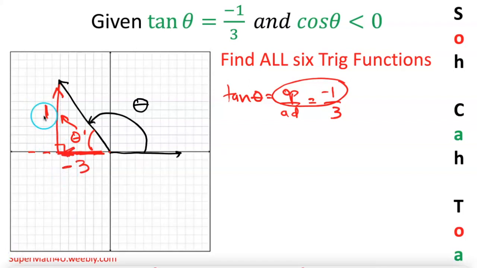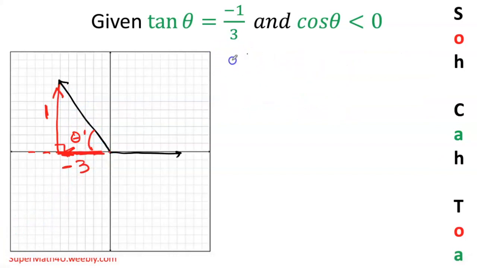Okay? Now that I have these two sides, remember, the whole idea is to find sine, cosine, and tangent, and all of them, right? So to do that, I need to find my hypotenuse. So let's find the hypotenuse. To find my hypotenuse, I'm going to use my Pythagorean Theorem. A squared plus b squared equals c squared. My hypotenuse is c. This could be a, this could be b.